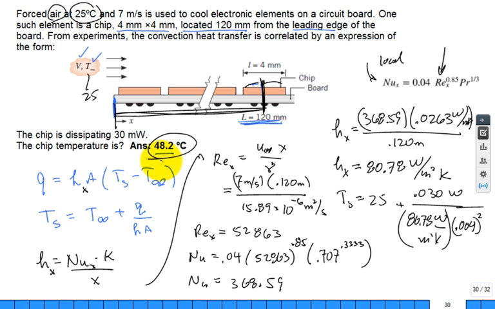Now, to improve the answer, get a better estimate of the film temperature, it would require you to interpolate to get the fluid properties. What pain? And it probably only changed that third digit. Probably not change the second digit.